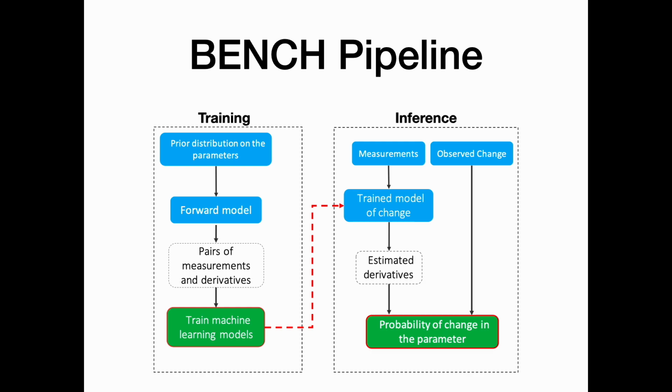This procedure is repeated once for each parameter and does not require any real data. In the inference phase, given observed measurements and the contrast, we use the trained models to estimate the derivative with respect to each parameter from the baselines and then compute the probability that each parameter can explain the contrast.